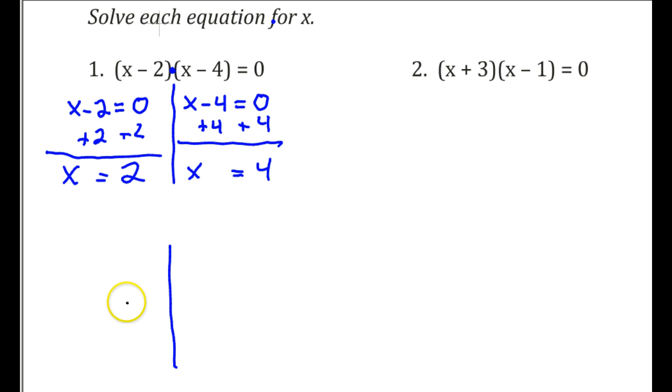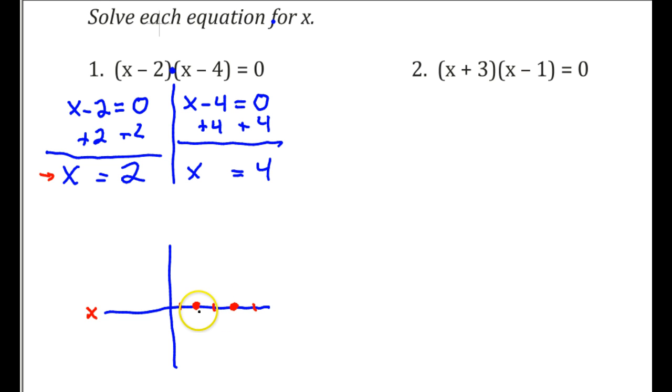So if we were to draw an axis, sketch it, of course, nothing super accurate, we want to understand that these two numbers, first of all, the reason it's x is because it's the x-axis. So x equals 2 and x equals 4.